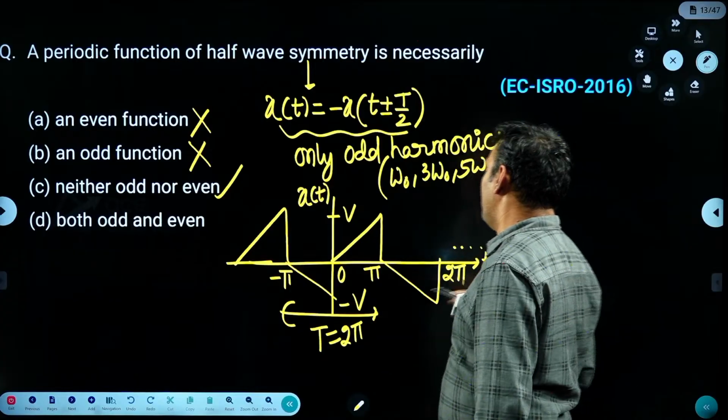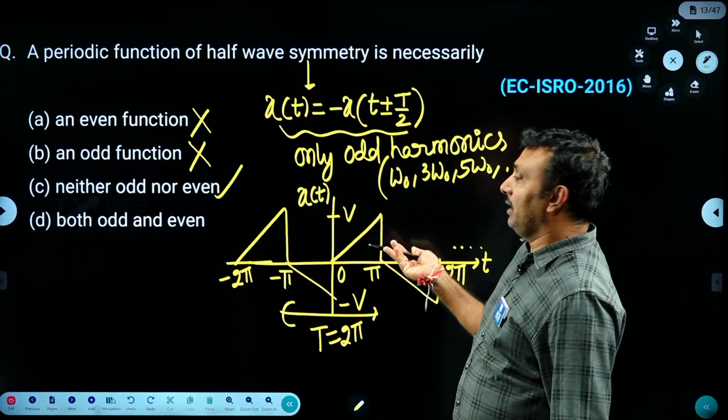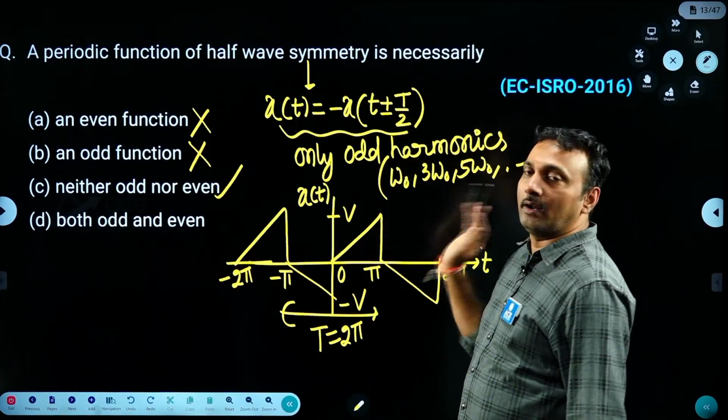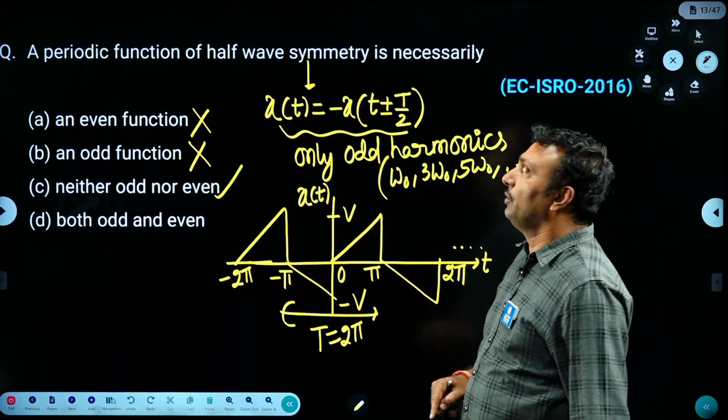It is actually not even, of course, neither even nor odd, but it is 100% satisfying half-wave symmetry.